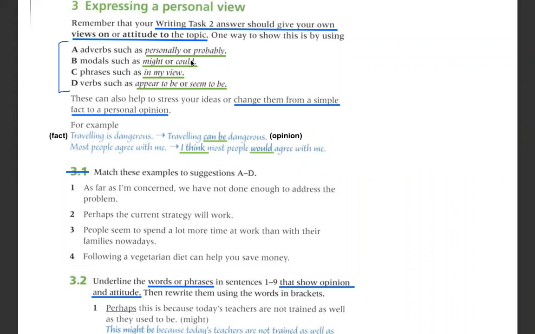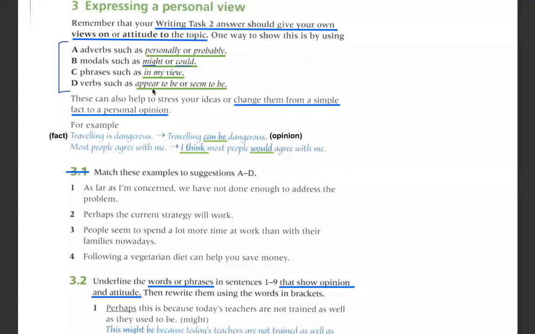So have a look here at A to D. We can give our opinion by using adverbs like personally or probably. Personally, I feel that the statement is true. We can use modals like might or could. We can also use phrases like in my view.